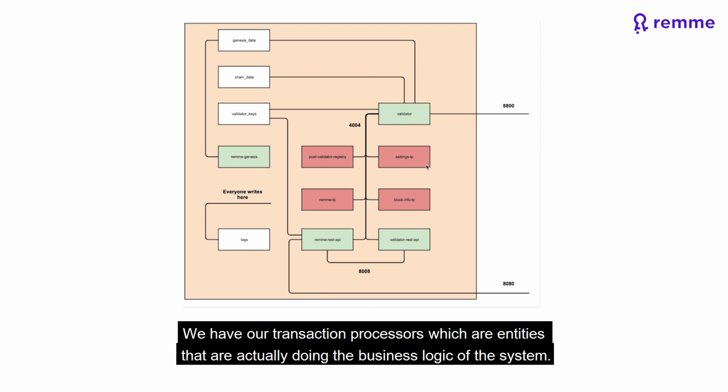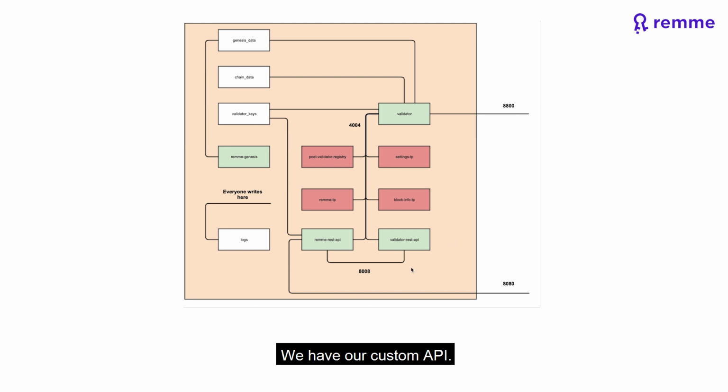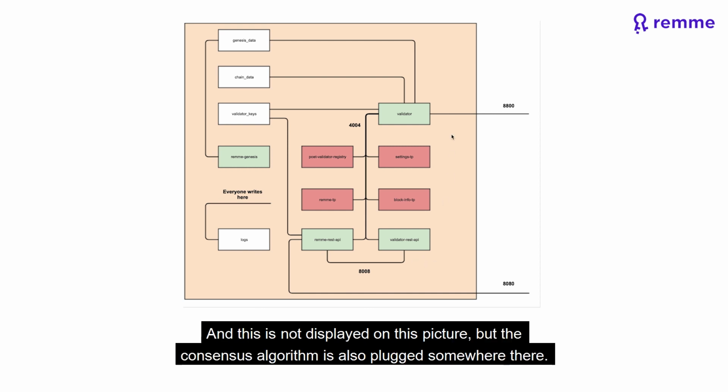We have our transaction processors, which are entities that actually do the business logic of the system, and we have our custom API, and the consensus algorithm, which is not displayed on this picture, is also plugged somewhere in there.